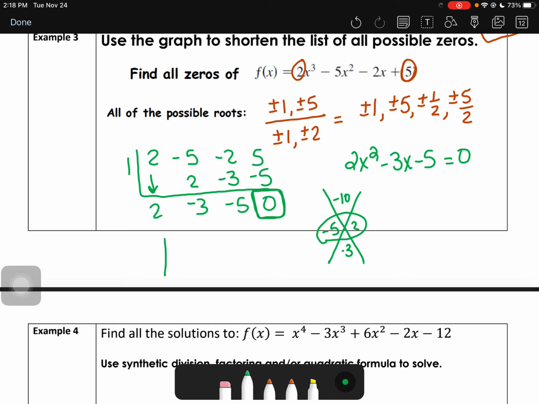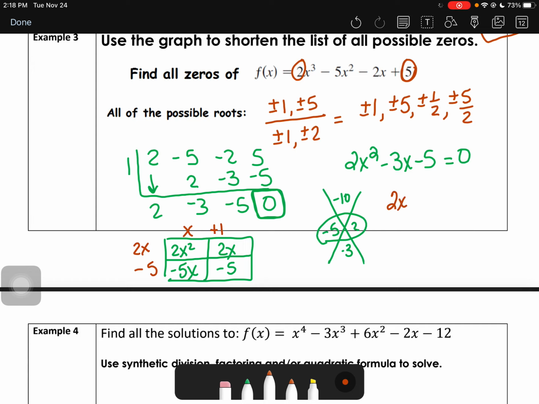But because the leading coefficient is not 1, we want to make our box. We'll put our 2x squared and our negative 5, and then we have negative 5x and positive 2. Oops, forgot my x. So we're looking for the greatest common factor of the first row, which would be 2x, and then negative 5. And of the column, we'd have x, and we'd have plus 1.